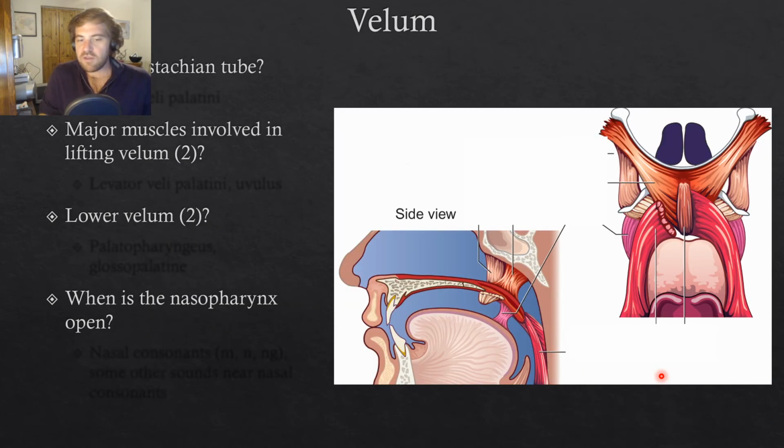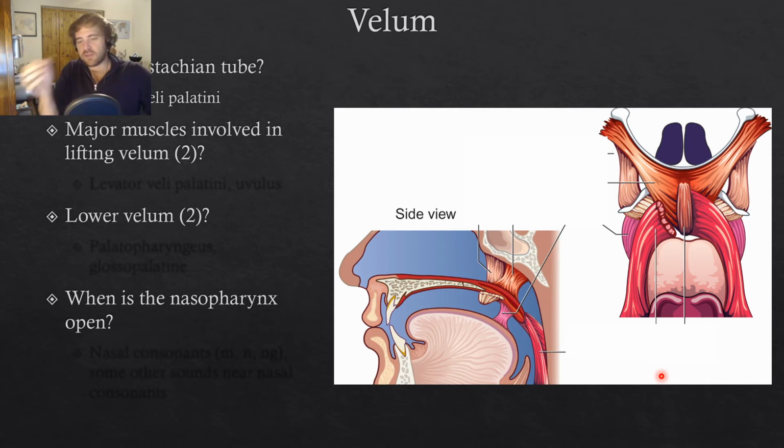What muscle opens the eustachian tube and has absolutely nothing to do with the velum? It's the palatal tensor, or the tensor veli palatini. Okay, we also have 2 muscles that are involved in lifting the velum. That's the main thing they do. What are they?